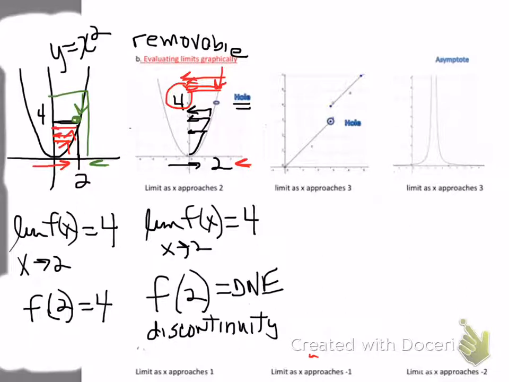So now look at our third case. I have a piecewise function. We talked about piecewise functions before, and I said they show up a lot in calculus. So piecewise is the type of function that this is.